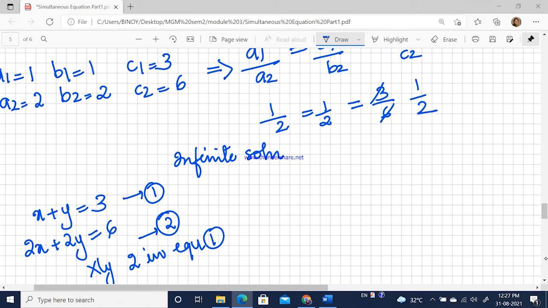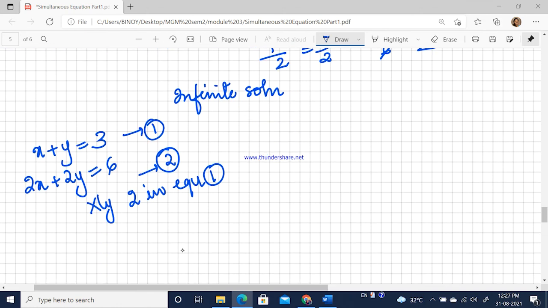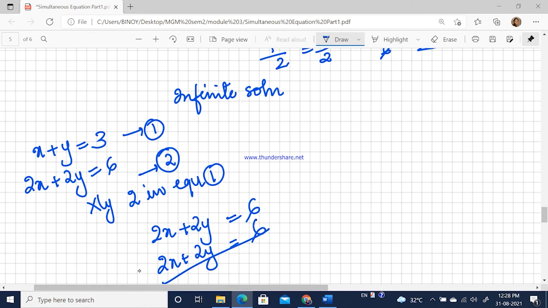So, it will be 2x plus 2y is equal to 6. The other one 2x plus 2y is equal to 6. So subtracting, then we will get 0 is equal to 0.